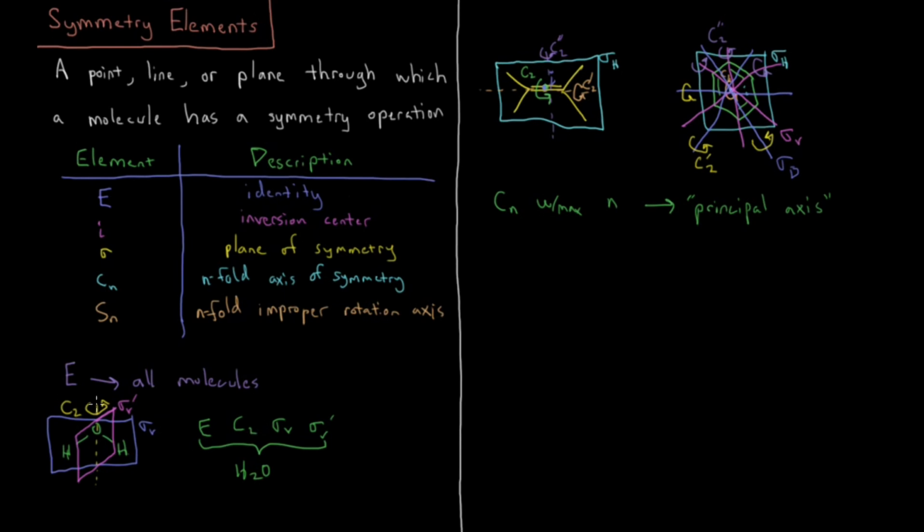So in the case of water, that was the C2. That was a C2 here in ethylene, and that's the C6 here in benzene. So the principal axis is the Cn with the highest N, or the smallest amount of rotation, whichever you prefer to look at it. We have sigma h, which is perpendicular to the principal axis.